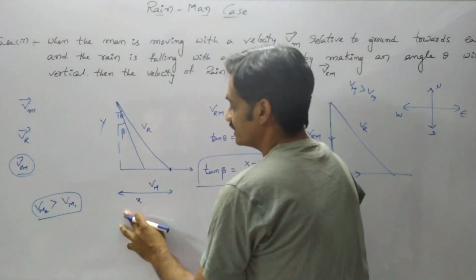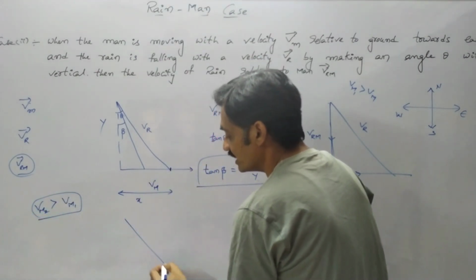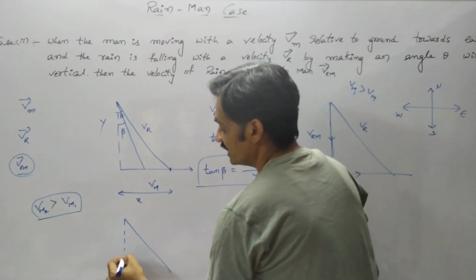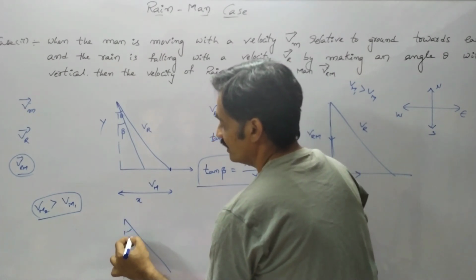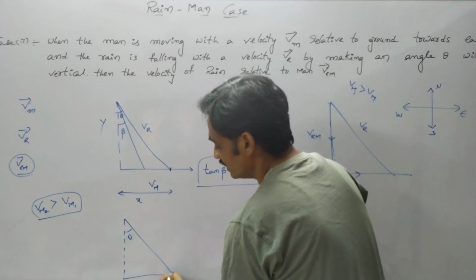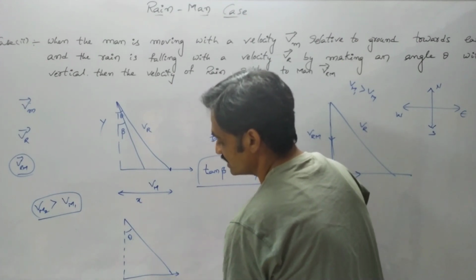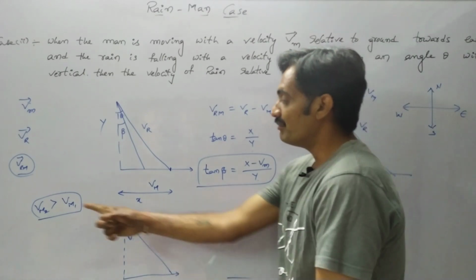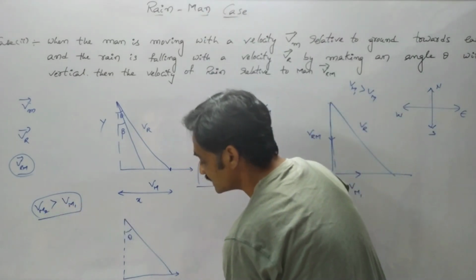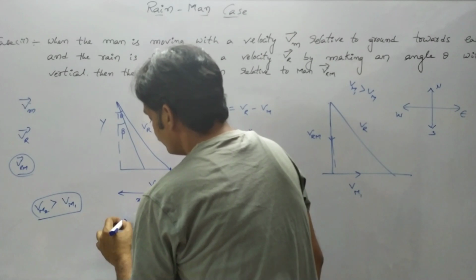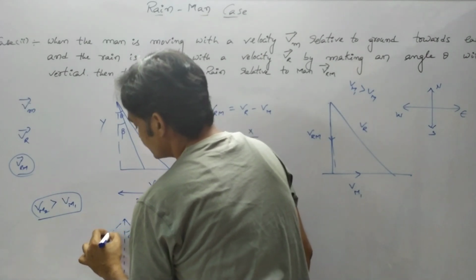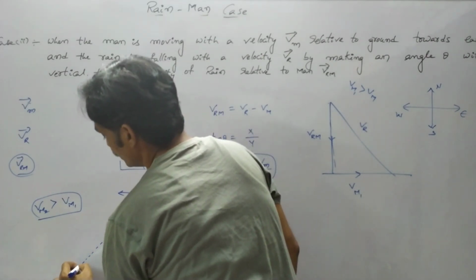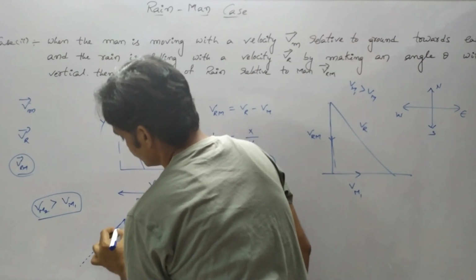In this case, the rain is falling at an angle of theta with respect to the vertical and the man is moving in the forward direction towards east with a velocity of v suffix m. As the man increases his speed, the rain appears to the man in this direction, falling in the backward direction like this.